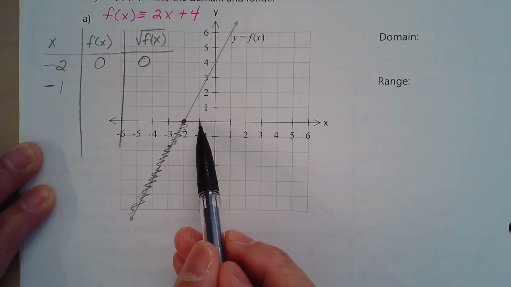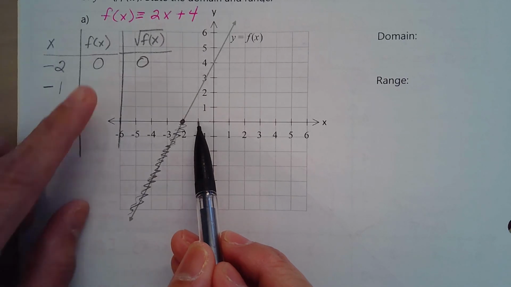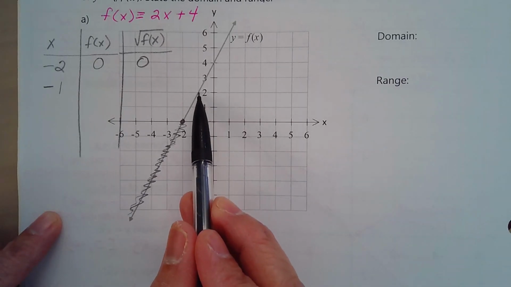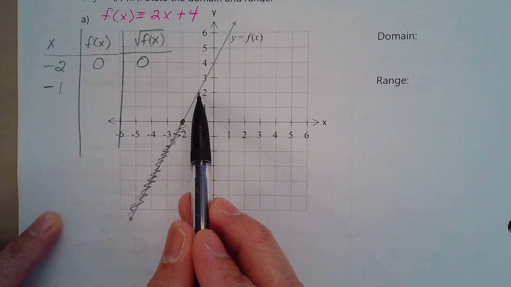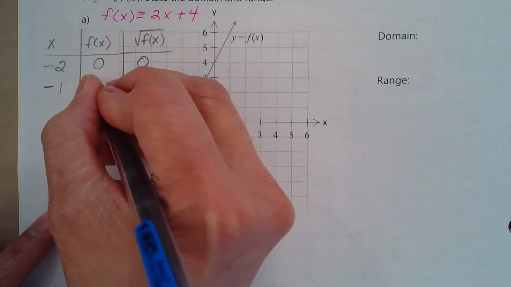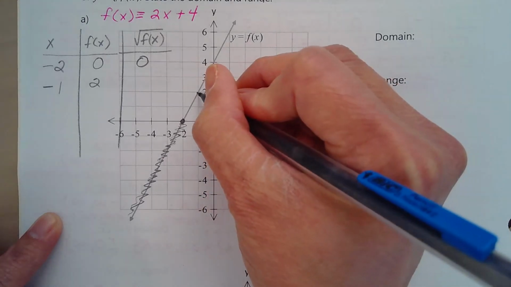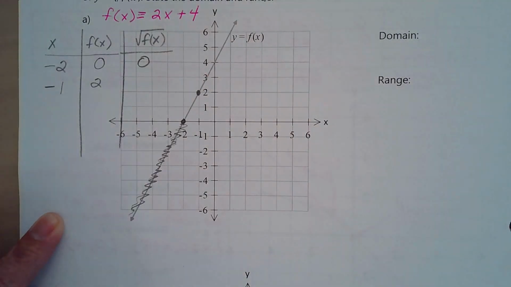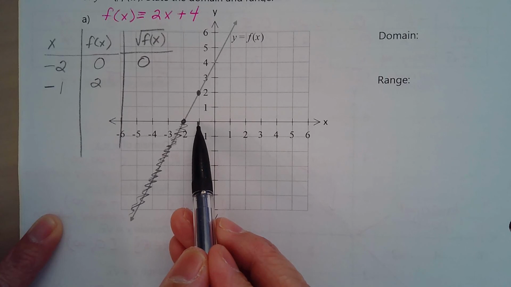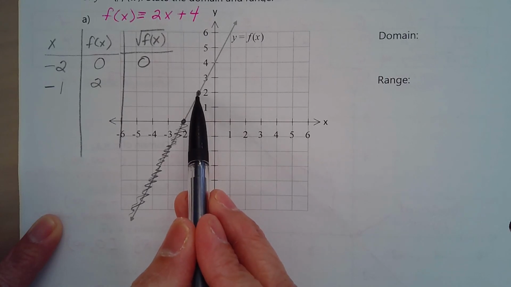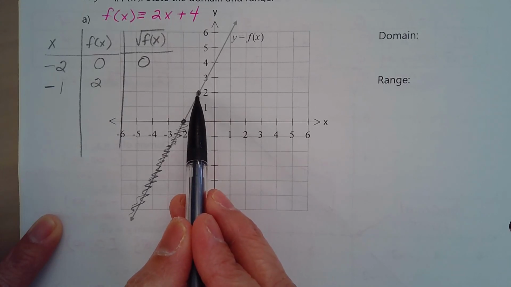If x is negative 1, f of x is 2. Right? So that's a point on the line, right? Negative 1, 2. Yes? Is everybody okay?